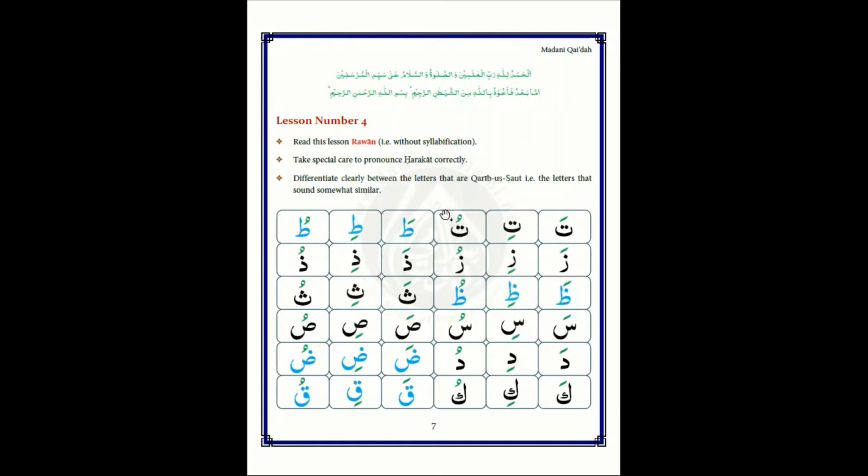Even though the sound is similar, we need to differentiate. So in this lesson, we will differentiate these letters from one another so that every letter should be distinctive. All right, so we'll try to learn.